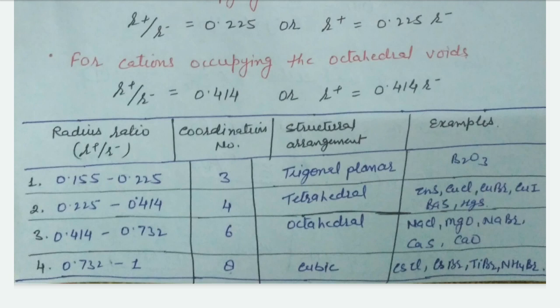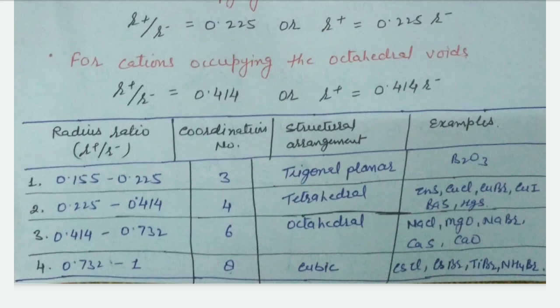And this is the table to represent the coordination number and structural arrangement for the radius ratio. First, when the radius ratio is between 0.155 to 0.225, the coordination number is 3 and it forms trigonal planar.